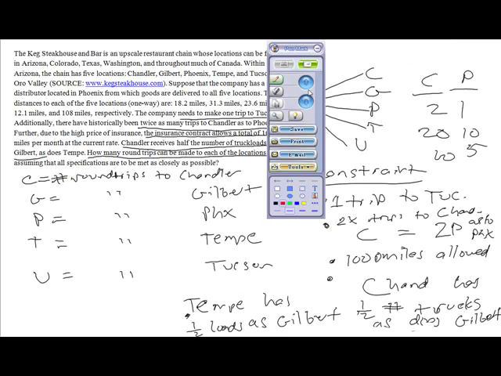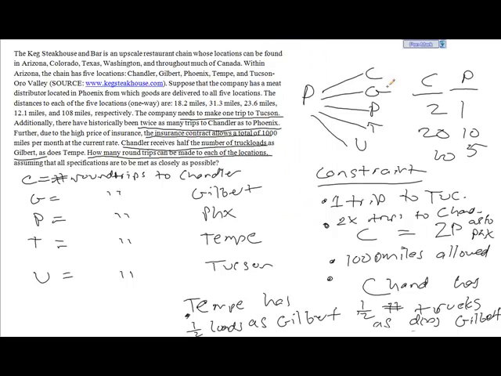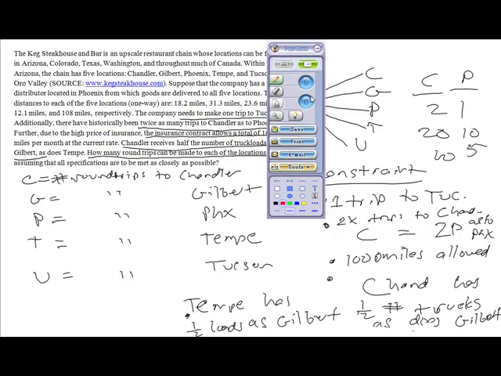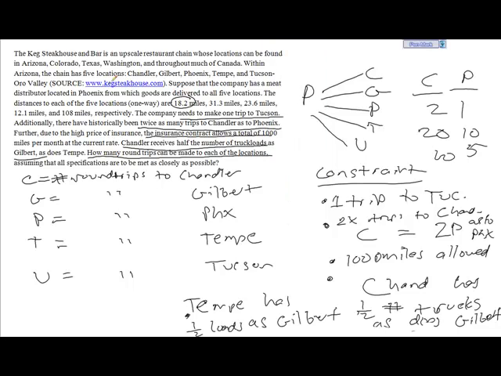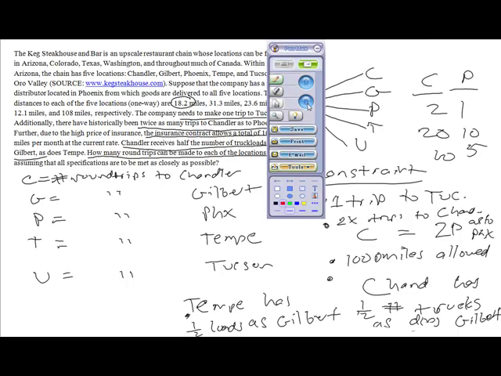Additionally, we have 1,000 miles allowed total. For each round trip to Chandler, we have to drive twice 18.2 miles: one time to get there and one time to get back. Depending on how many round trips we take, we multiply that distance by the number of round trips.